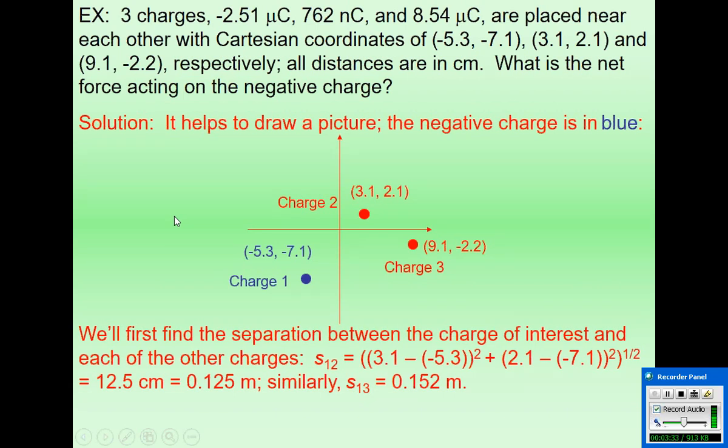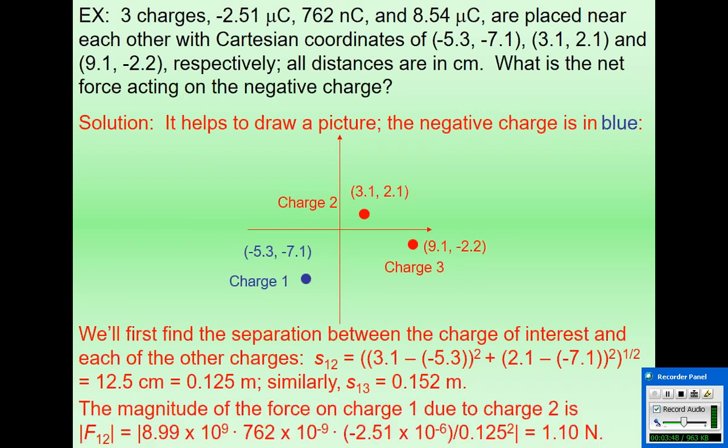And that's going to be important because we're going to apply Coulomb's law, which we discussed in the previous lecture, to determine the magnitude of the force that charge 2 exerts on charge 1 and the magnitude of the force that charge 3 exerts on charge 1.